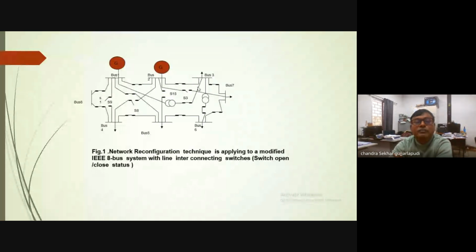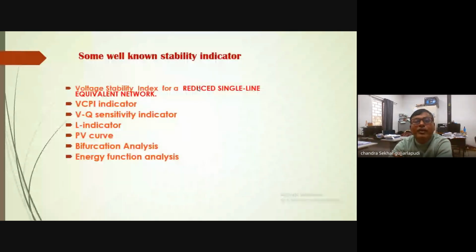When we are going to apply any kind of intelligence technique, we have different steps. What are the different steps? First of all, you have to make a data set which can be utilized for training the machine learning or artificial intelligence model. To make such a data set, we need to do some load flow analysis.